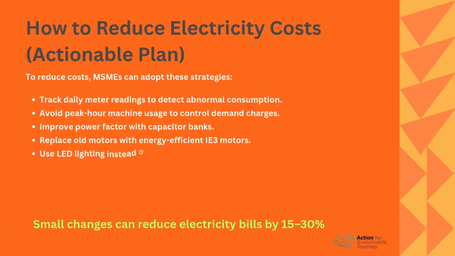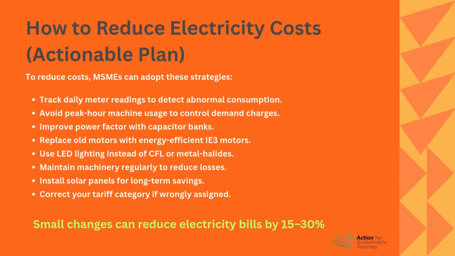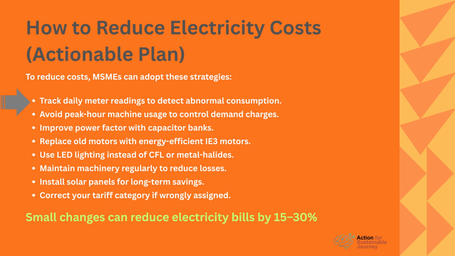To reduce cost, MSMEs can adopt these strategies. First, track daily meter readings to detect consumption. Second, avoid peak hour machine usage to control demand charges. Third, improve power factor with capacitor banks. Fourth, replace old motors with energy efficient IE3 rated motors.